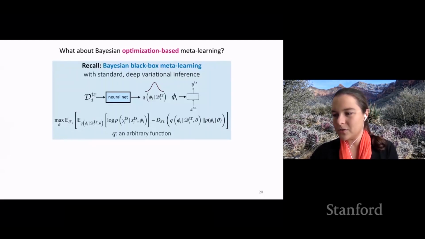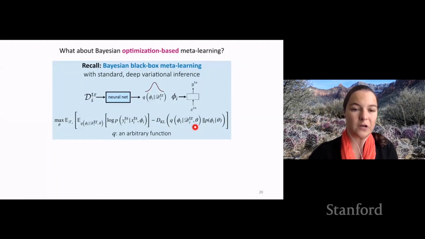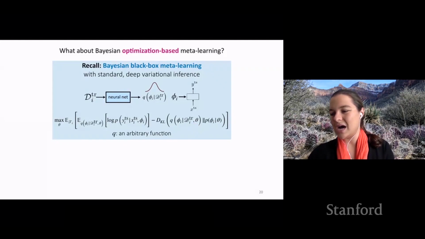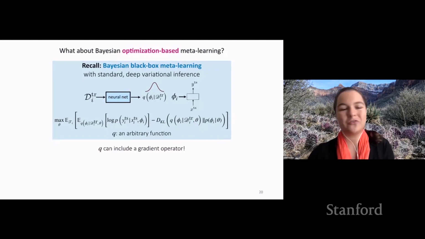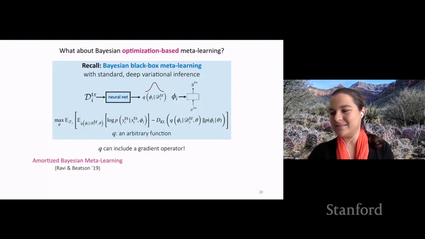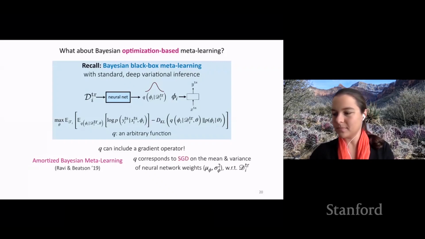One thing you could do is recall the black box metalearning approach that we just talked about. Remember that this inference network, this variational distribution, can really be any arbitrary function. So from this standpoint, you could just put a gradient operator inside Q and have it correspond to an optimization.